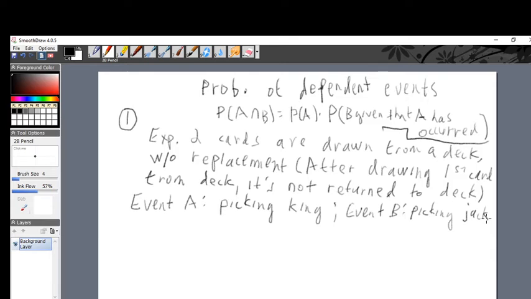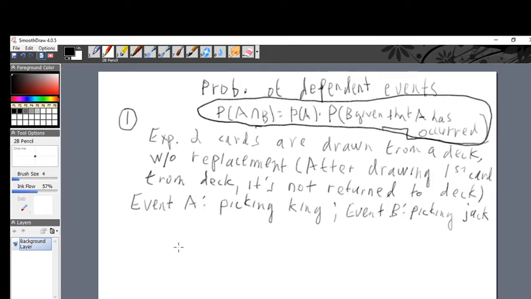All right. So here is our formula. The probability of A and B is equal to the probability of A times the probability of B given that A has occurred.